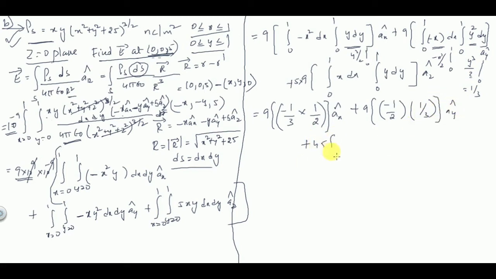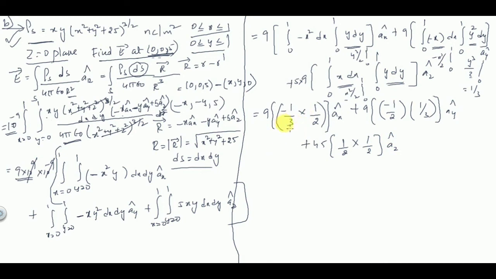Plus this will be 45, 9 fives are 45, integral 0 to 1 x dx is x square by 2, limits from 0 to 1, so it will be 1 by 2, into integral y dy also 1 by 2 az cap.